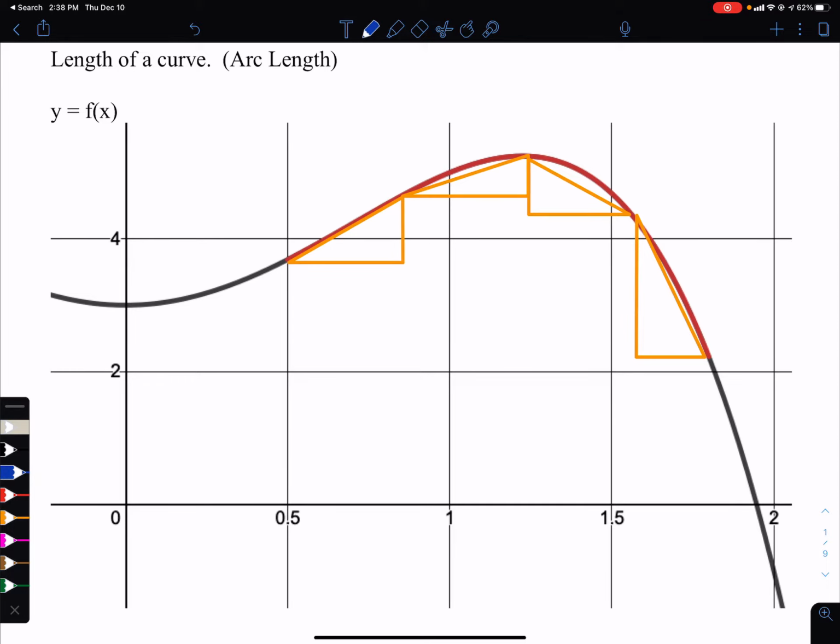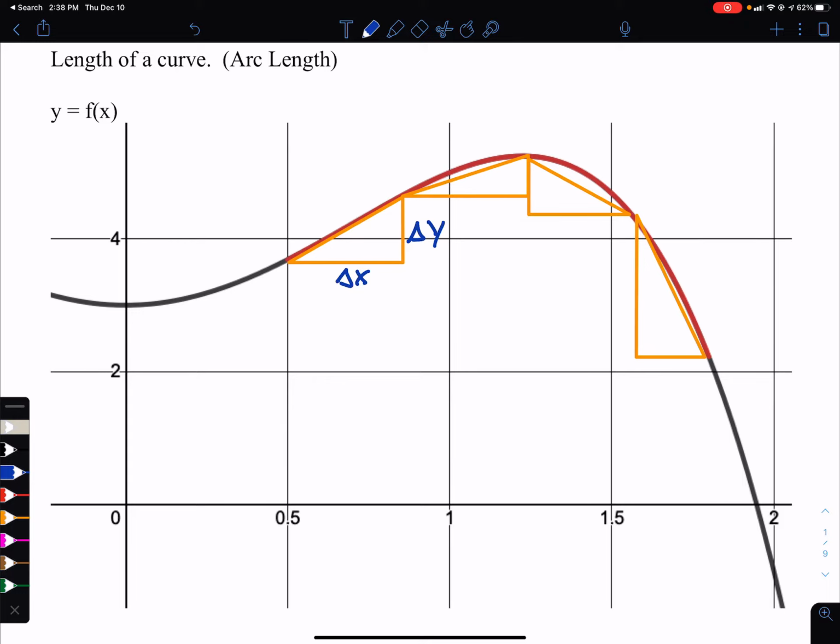Now I claim this is delta x and this is delta y. I think you agree with that. Now from that, we can actually find the length of the hypotenuse because that is a right triangle. And maybe you might see where we're going, maybe you won't. But let's do that. We're going to use the Pythagorean Theorem, and we're going to find the length of that piece, the hypotenuse.